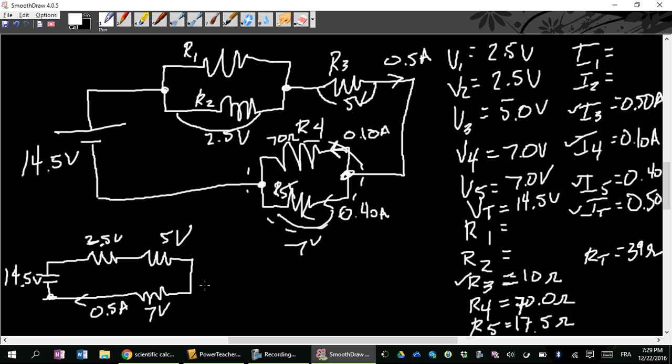So R equivalent of this thing here is equal to 1 over 70 plus 1 over 17.5, bracket this, exponent -1. That's ugly.